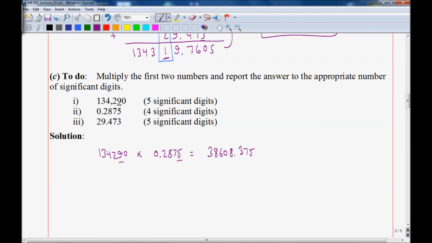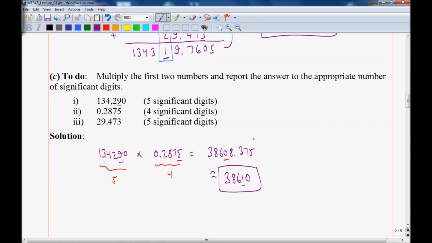But since this one has 5 significant digits and this one has 4, we must limit our answer to the 4th decimal place there to 4 significant digits. So we will round that to 38610. Underline the 1 to tell the reader that this is rounded to 4 significant digits.